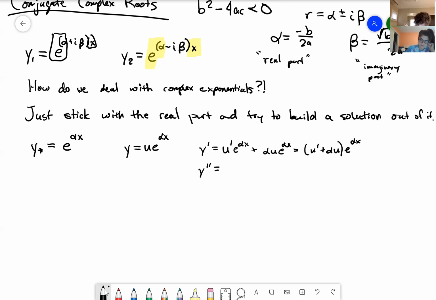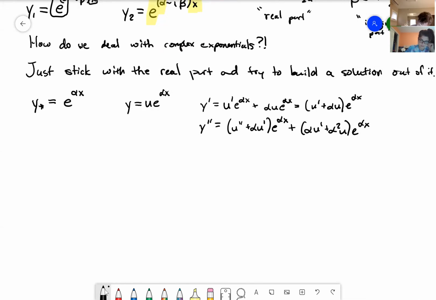And then y double prime is u double prime plus alpha u prime e to the alpha x plus alpha u prime plus alpha squared u e to the alpha x, again just by product rule.